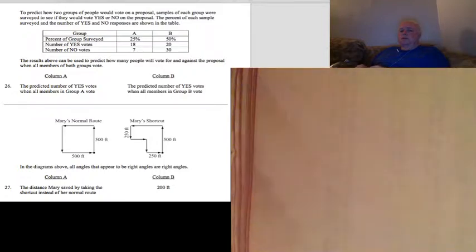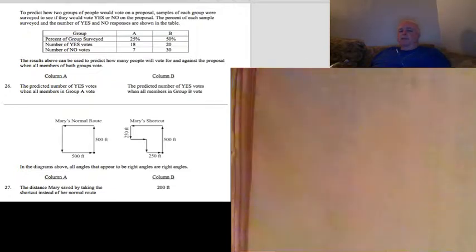So the results above can be used to predict how many people will vote for and how many people will vote against the proposal. So column A is going to represent the number of people who voted yes in group A. So how many people would that be?